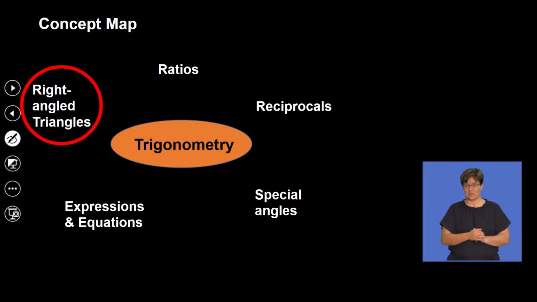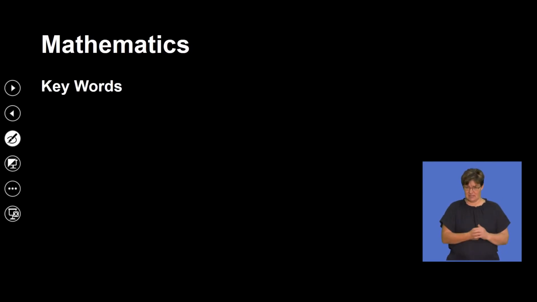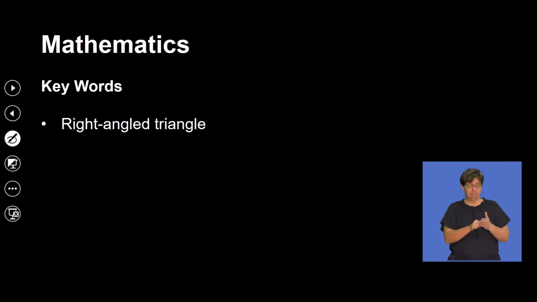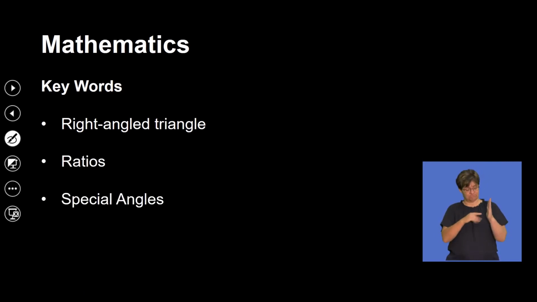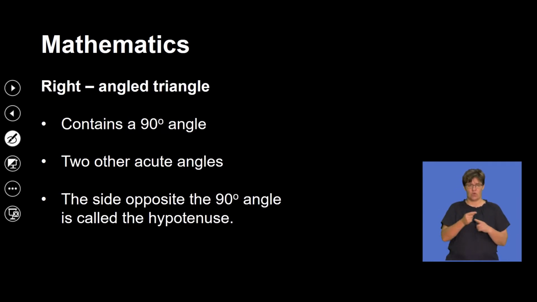But for now, let's look at a quick recap of what right-angled triangles are all about. Our key words with right-angled triangles: remember, there are ratios that we're going to look at, and some special angles. A right-angled triangle is a triangle that contains a 90-degree angle.